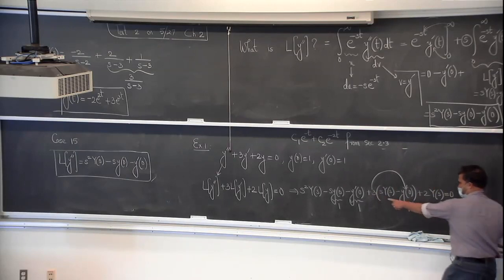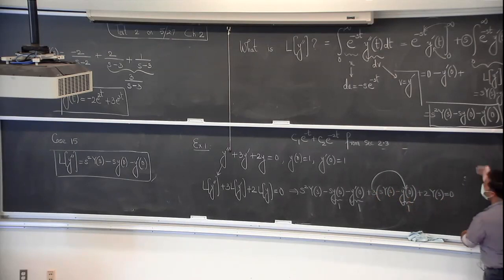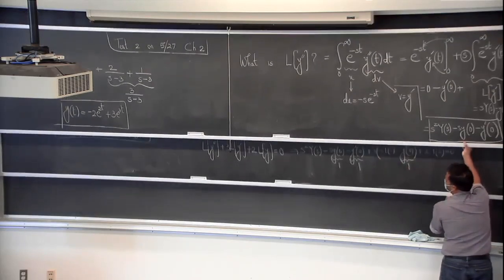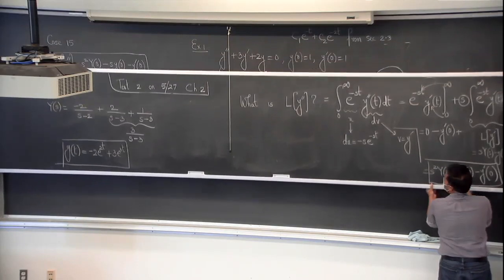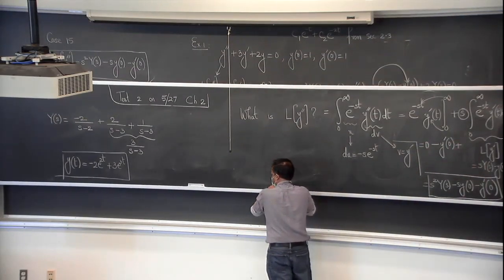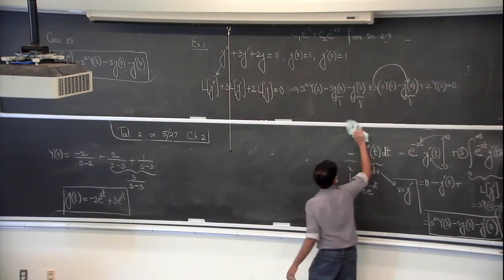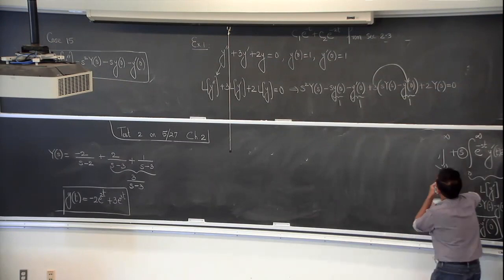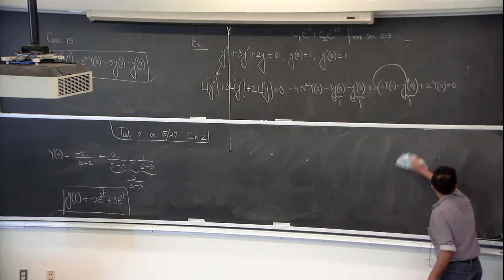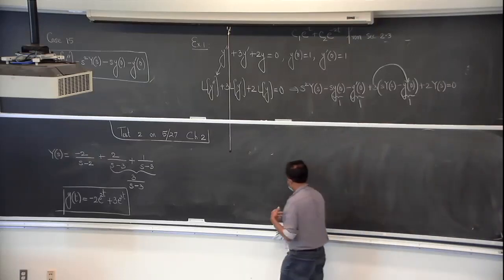So distribute the 3 inside here and to this term. Let's try to group the terms with y of s on one side and all other terms to the right hand side.